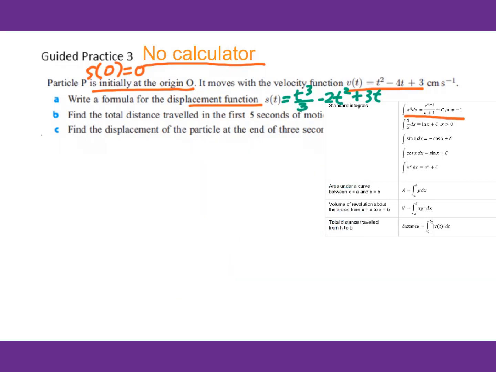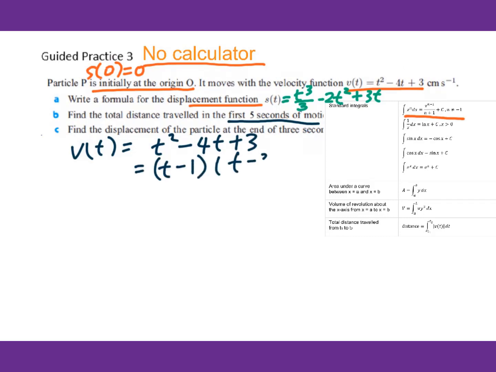Look at B. Find the total distance traveled in the first 5 seconds of motion. For the velocity, you will get t squared minus 4t plus 3, factor: t minus 1 times t minus 3. So we will get the roots t1 equals 1, t2 equals 3. Here is 1, here is 3.